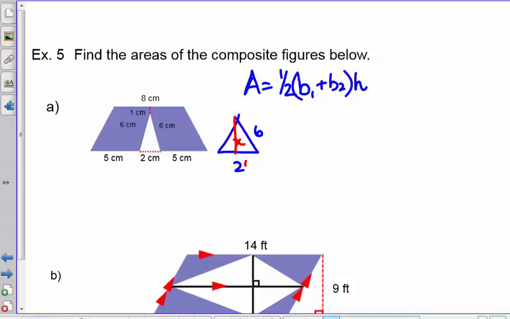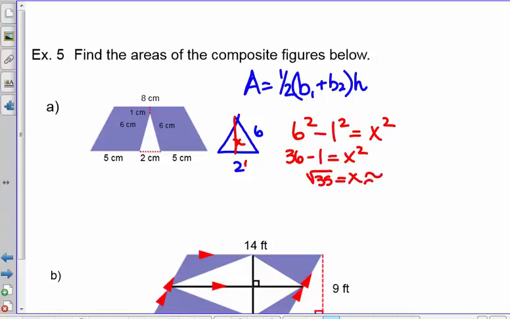Okay, so I really have 6 squared minus 1 squared equals x squared. 36 minus 1 equals x squared. The square root of 35 equals x, and that is about, to the nearest tenth, 5.9.